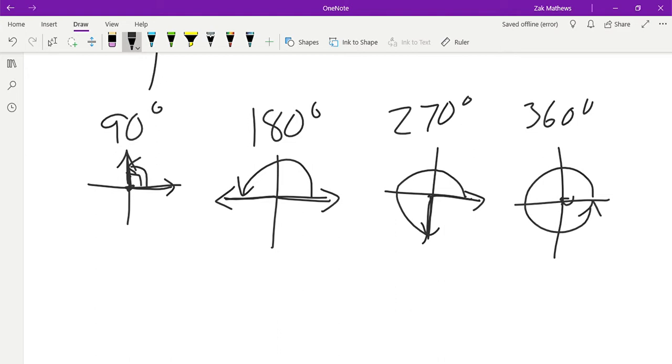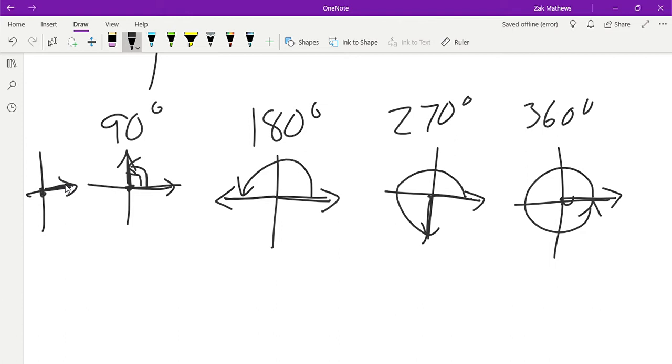So if we were to start at our positive x-axis, we've gone all the way back around until we hit that positive x-axis. So it's useful to know these four positions, and really there's another position we kind of already know. We know a 0-degree angle. 0 degrees just means we haven't traveled at all. So if I were to start at the positive x-axis, I would end at the positive x-axis. Not that I moved anywhere, just that I stayed exactly where I was.